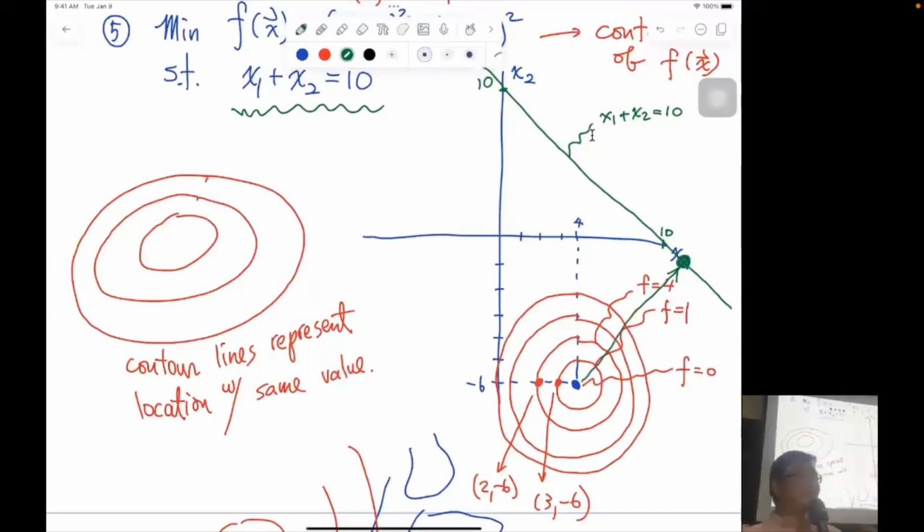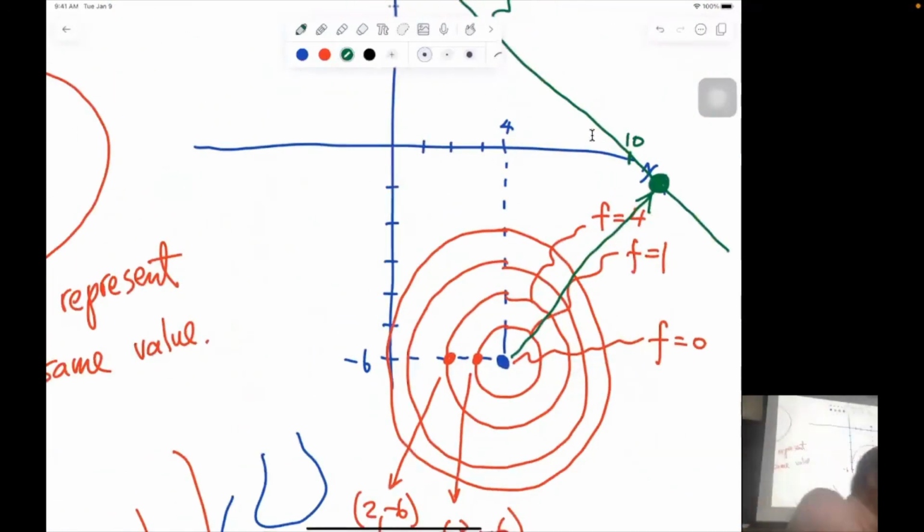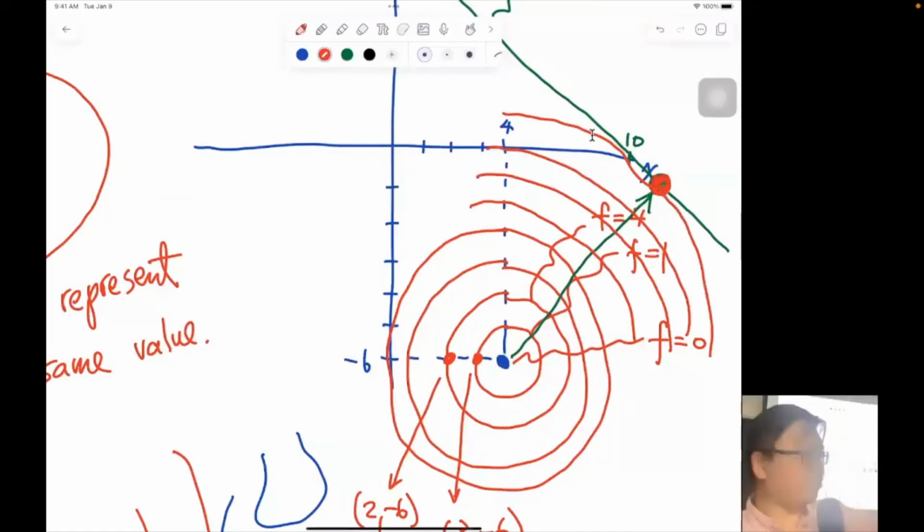Can someone recognize it? It's like a 45-degree direction toward the upper right corner. Why? Because if you keep on drawing this contour, when you have tangent contact with that straight line, that's the first time you have contact.